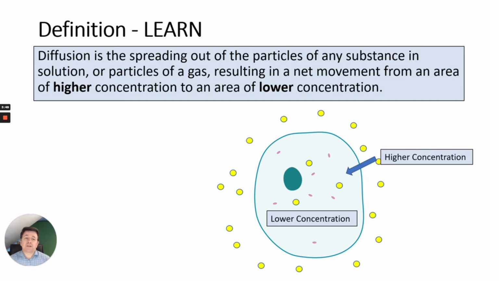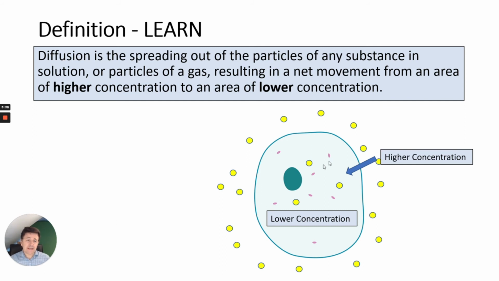Now I'm going to ask you to learn a set definition. So this definition here: diffusion is the spreading out of the particles of any substance in solution or particles of a gas, resulting in a net movement from an area of higher concentration to an area of lower concentration.